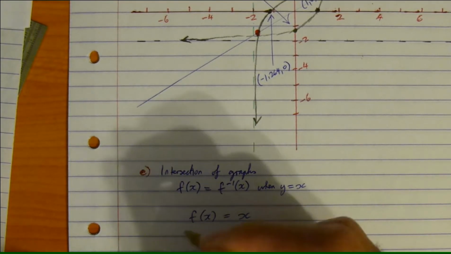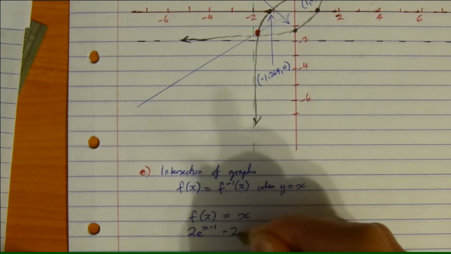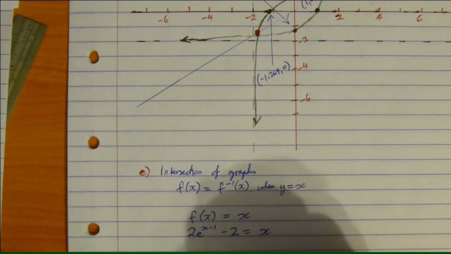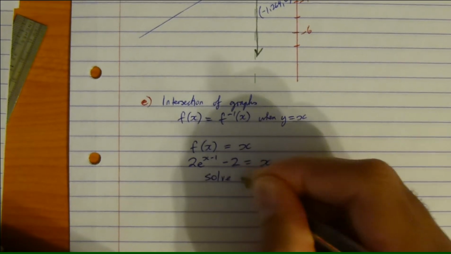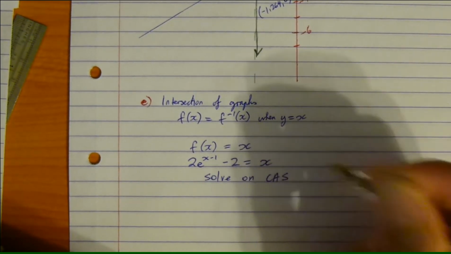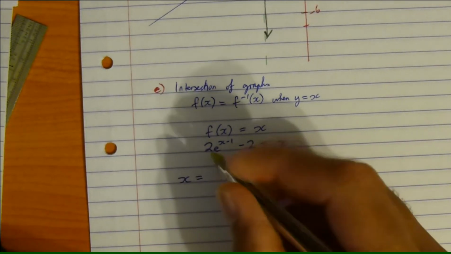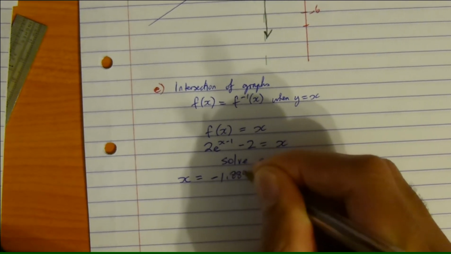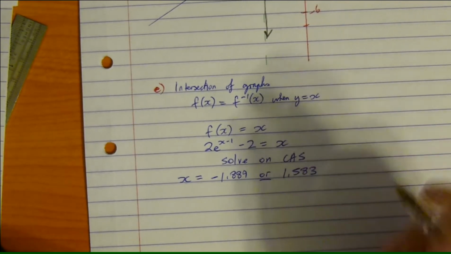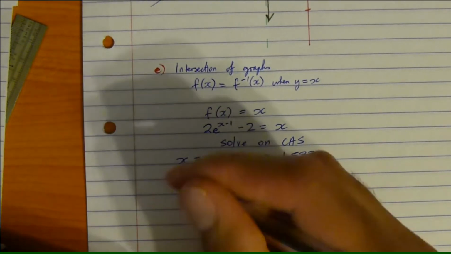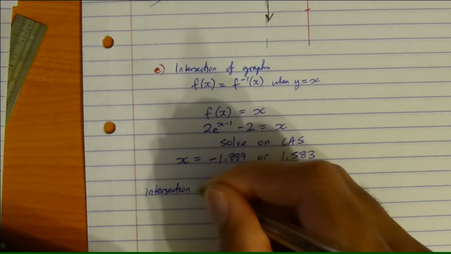So my initial equation was 2e to the x minus 1 minus 2 is equal to x. And as I said earlier, at this point you would use your CAS and you end up with x equals negative 1.889 or 1.583. So the corresponding coordinates of the intersection, so remember it's simply y equals x, right?